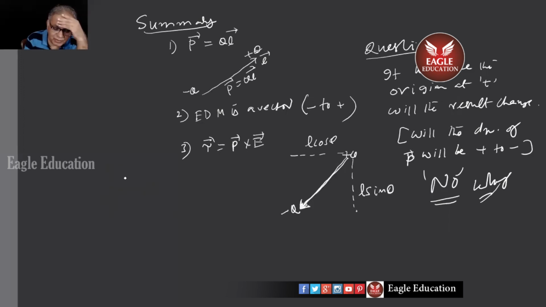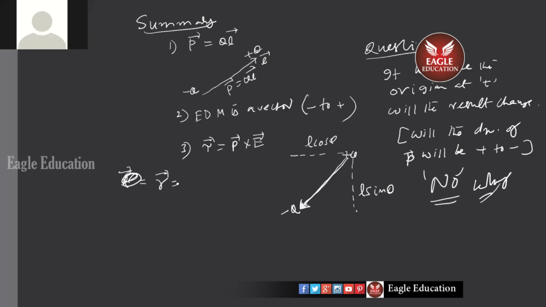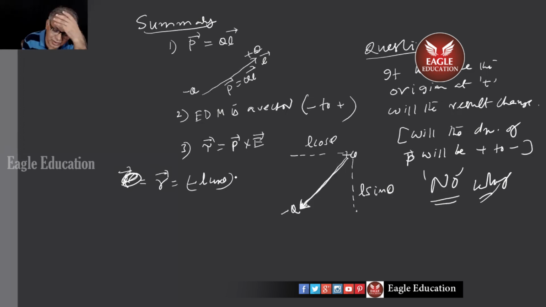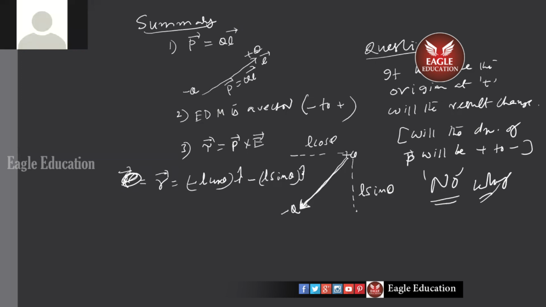So what is my R vector? Minus L cos theta i cap minus L sin theta j cap.